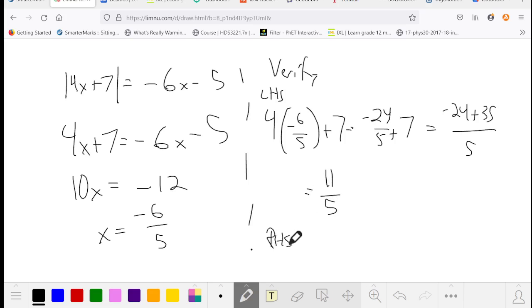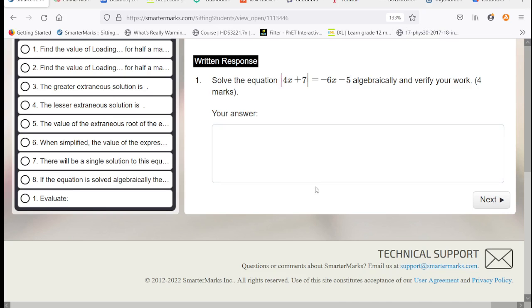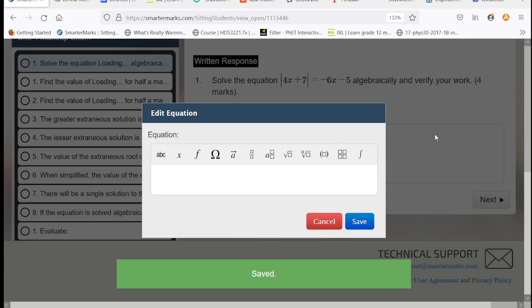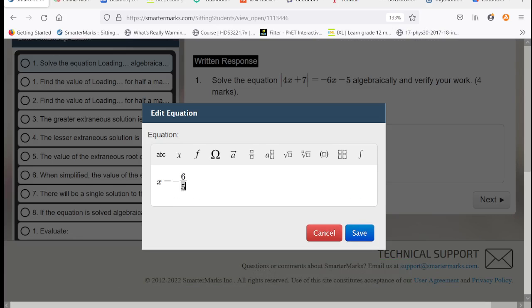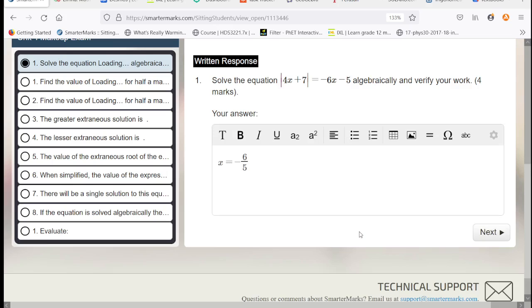Our right-hand side, negative 6 times negative 6 over 5 minus 5, 36 over 5 minus 25 over 5 is 11 over 5. So our first solution, and potentially only solution, we don't know yet, is negative 6 over 5. That is verified.